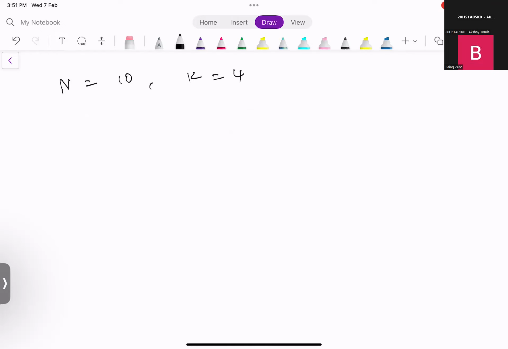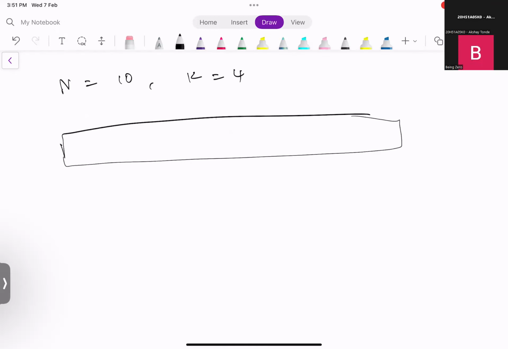Now the first thought that comes to our mind is let's just arrange things in sequence. So let's say we have a block of size 10. Okay, this is the size, right? I'll put the first element here, then I'll skip 4 steps, I'll go to the fifth one, I'll put the second one here, then I'll put the third one here, right?